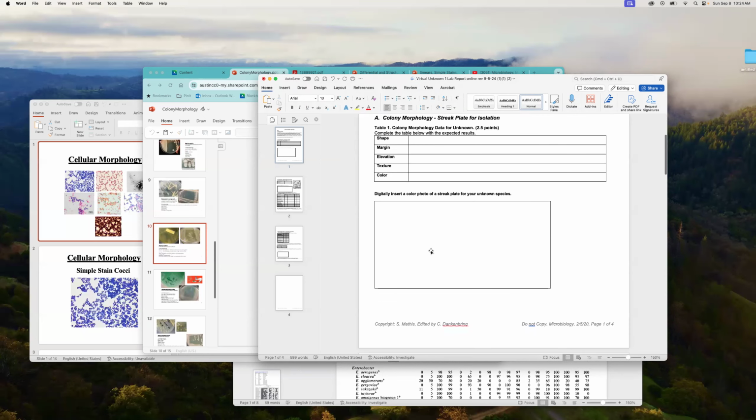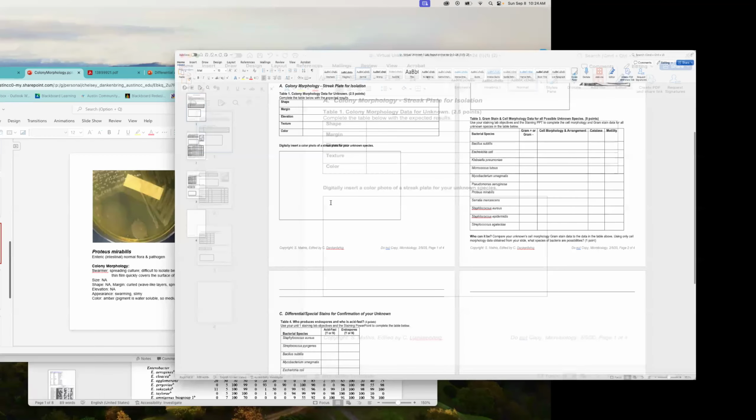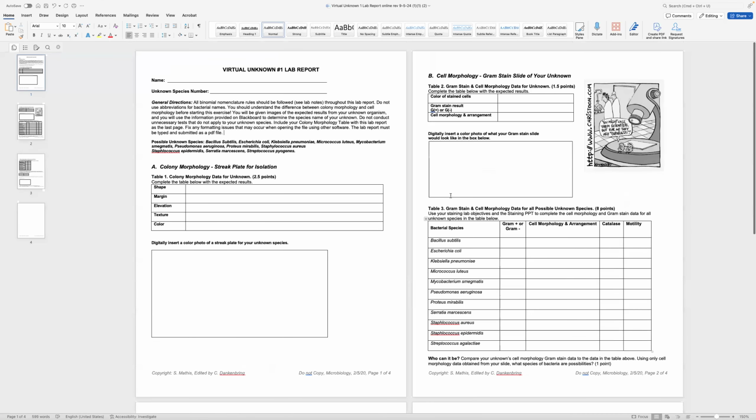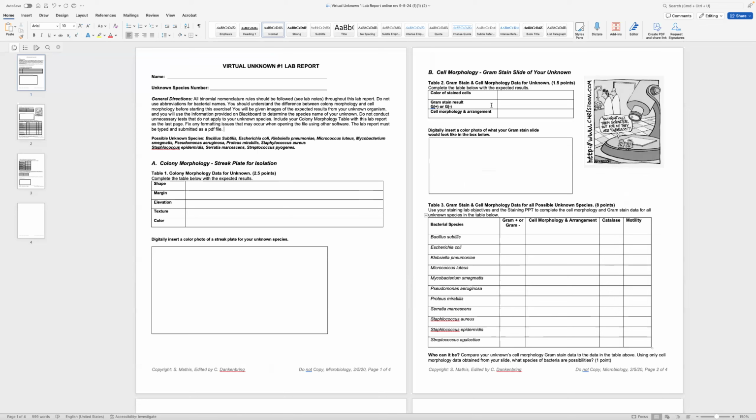However, you would then digitally insert a color photo of your streak plate here. The next thing is, how did yours stain? The color of your stained cells: are they gram-positive or gram-negative? And then their morphology and arrangement.